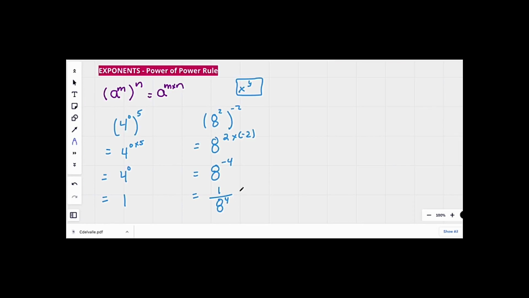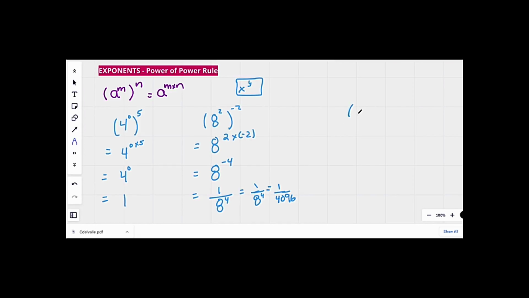So now we've got 1 over 8 to the power of positive 4. What's 8 to the power of 4? Well, if you do that on the calculator, you'll get 4096. So that would be our answer, 1 over 4096.